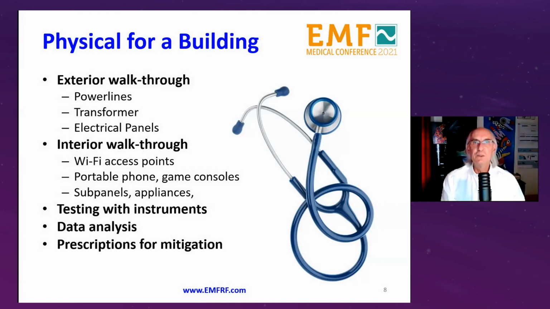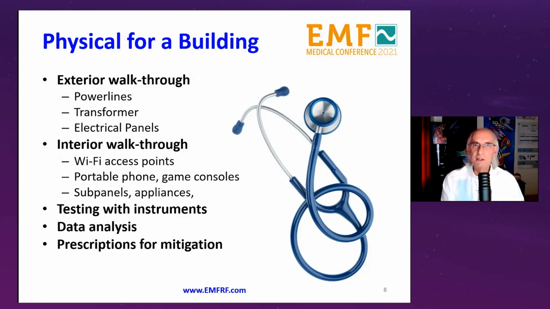Okay, so let's do a physical for your building. What do we do? We do an intake first, right? So we do a walkthrough around the building and look for obvious sources, such as power lines, substations, transformers, and so on. And then we focus on the inside of the building. What are the obvious sources?